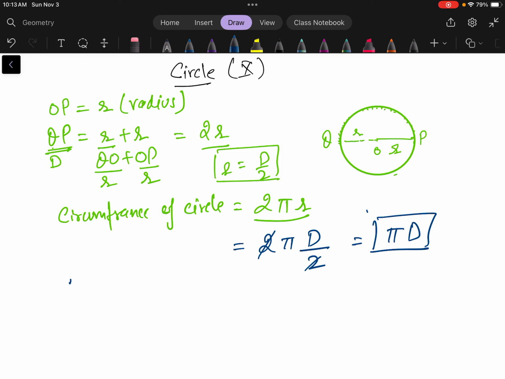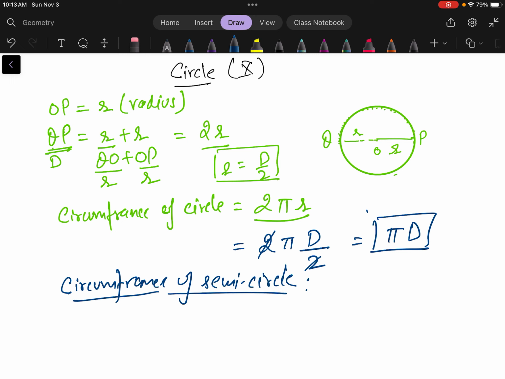Now we will come to the circumference of a semicircle. When we come to the semicircle, let's draw one circle. So this is the semicircle. Here this point O is the center.